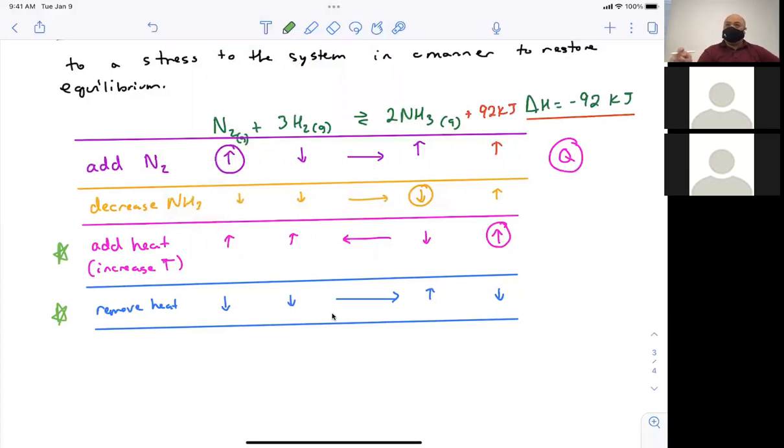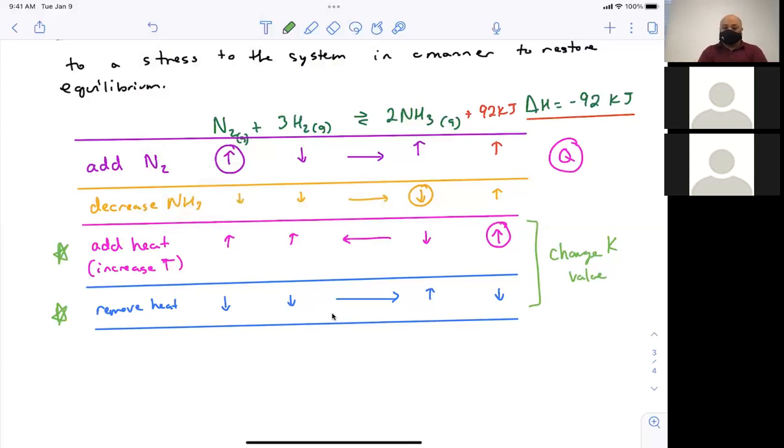So it's causing a shift without being included in the expression, which means these change the K value, whereas nothing else changed the K value, because every other situation has something within the K expression. So those can balance each other out and restore back to the same K. But temperature is a factor that's not included in the expression that's causing a shift. So that shift can't be compensated for in the same way as other things.